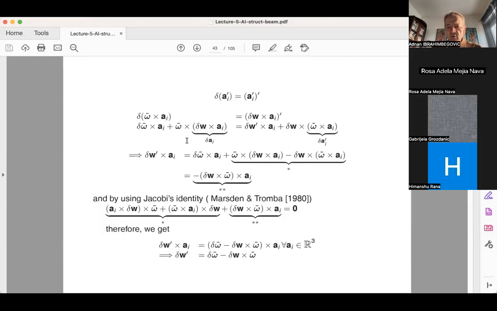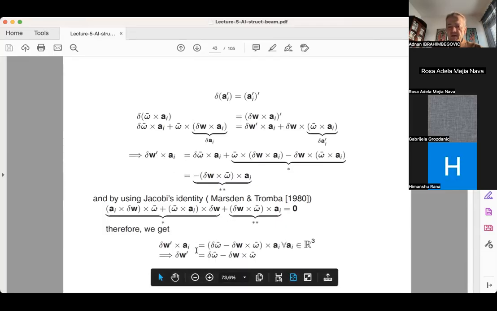And from that one, you conclude that delta W prime cross AI is equal to minus delta W cross omega tilde all cross AI. And then I can also take into account so-called Jacobi's identity about these triple or double vector products, three different ways of writing it, and basically express the last term in this particular way, that this is equal to delta omega tilde minus delta W cross omega tilde, all this cross AI.